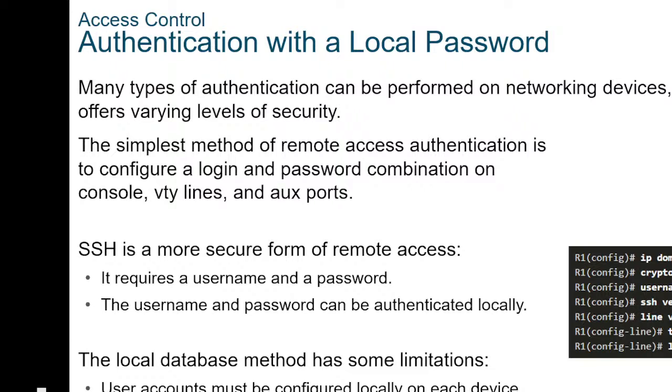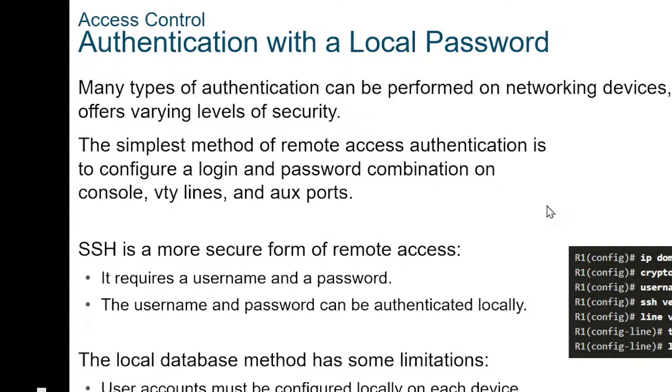But if I'm using the line, right, I get the password command here, and I can put in whatever I want. Now, obviously, if I use service password-encryption, I'm going to encrypt that, so I won't be able to see it in the configs.